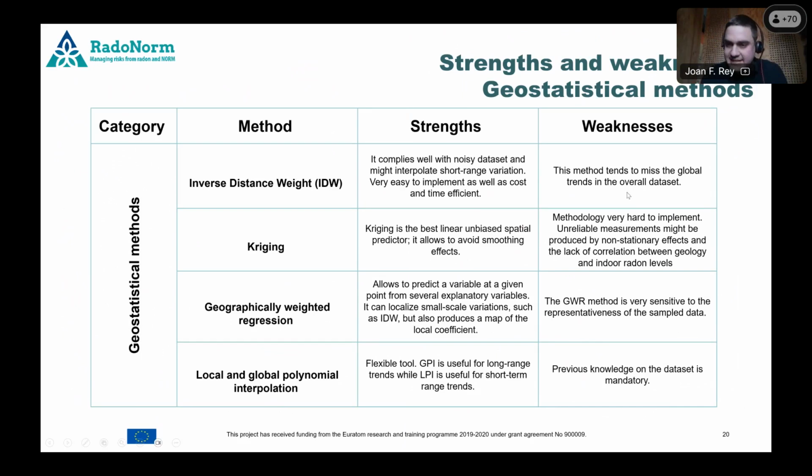Having prior knowledge regarding the dataset could be useful to select the right tool to implement. As a weakness, I would just say that kriging may be difficult to implement, since there are a lot of parameters inside to set, and it may sometimes be really difficult to have something really reliable. But it still remains one of the most used, and the best linear unbiased spatial predictor.